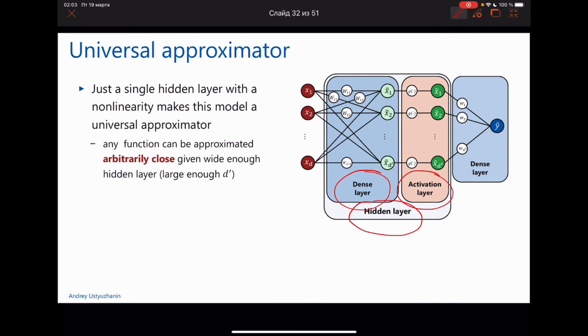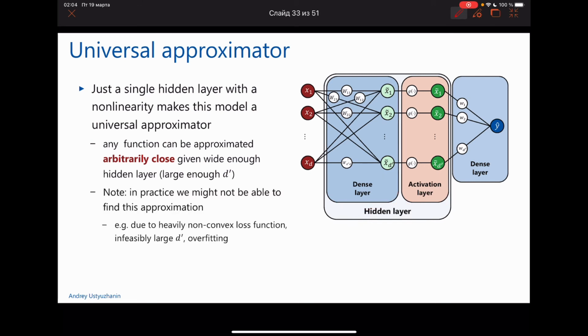Given the possibility that we can put as many dimensions into this hidden layer, we can build a function that would be arbitrarily close to any other given function.